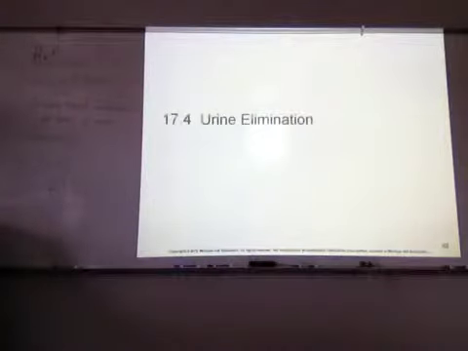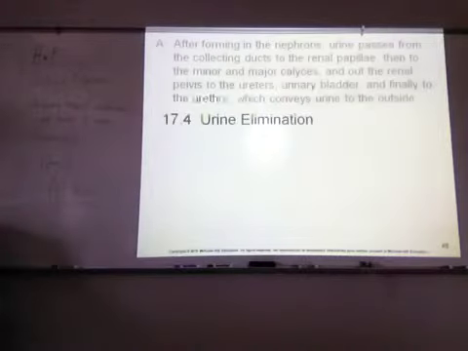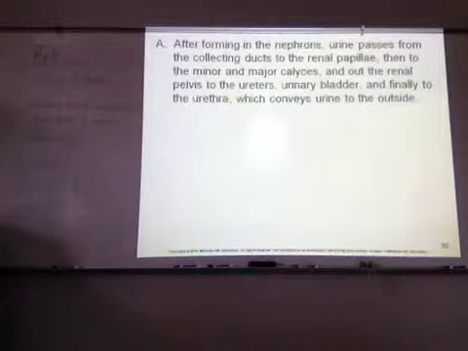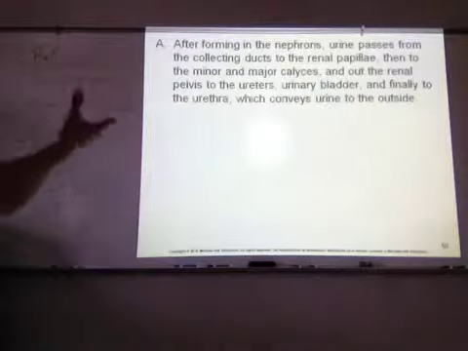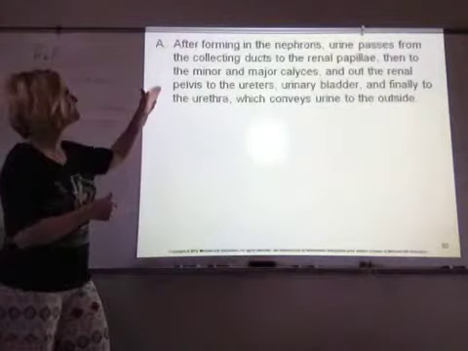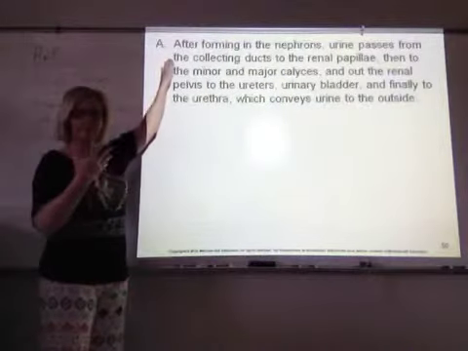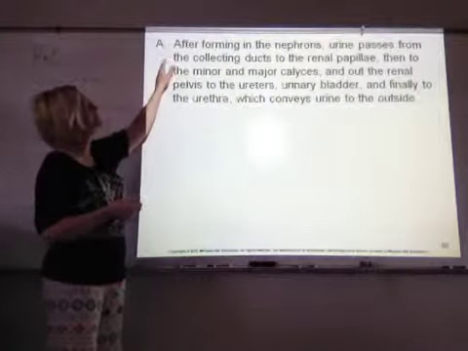Today we're going to talk about how we eliminate or get rid of urine, so kind of the process that it goes through. So, back to the nephrons: urine is basically filtered and formed in the nephrons.